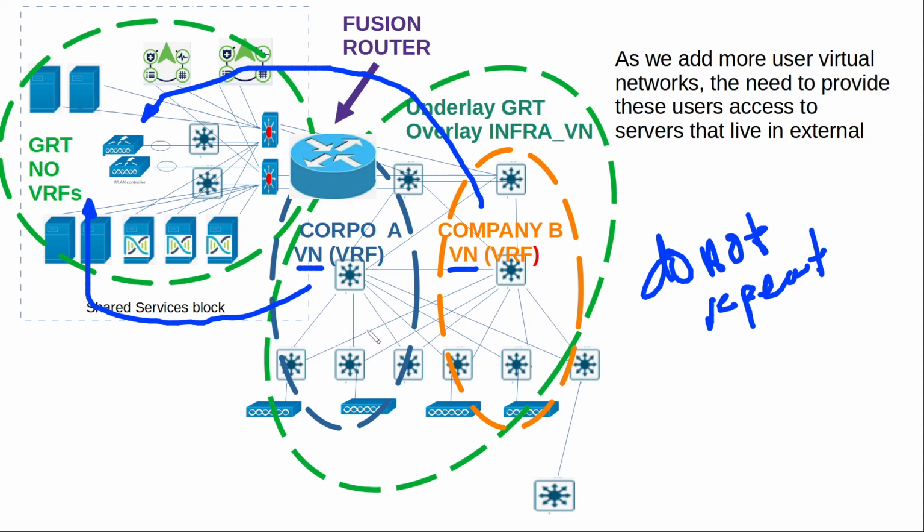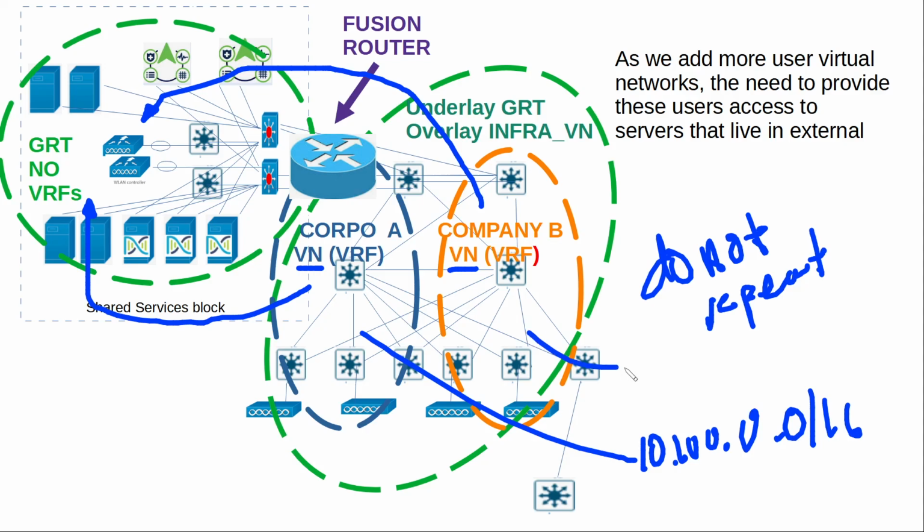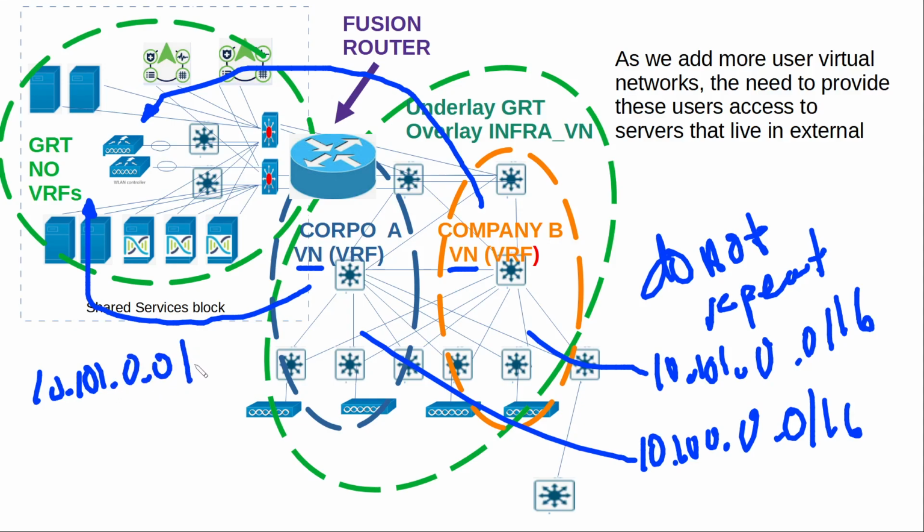So the best way to assign IP addresses, for instance, is to use the prefix 10.100.0.0/16 for the blue domain, and 10.101.0.0/16 for the orange domain. So when this fusion router leaks these prefixes into the global routing table, these prefixes can be perfectly identifiable.